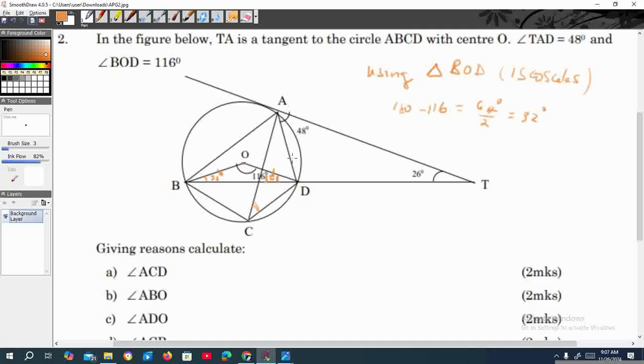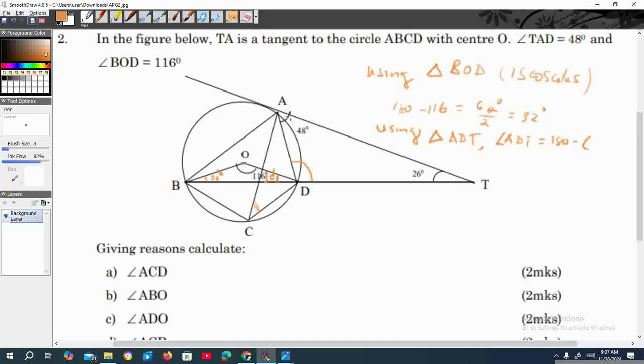We can as well get this other angle here using triangle ADT. Angle ADT will be the same as 180 minus the sum of these two other angles here.